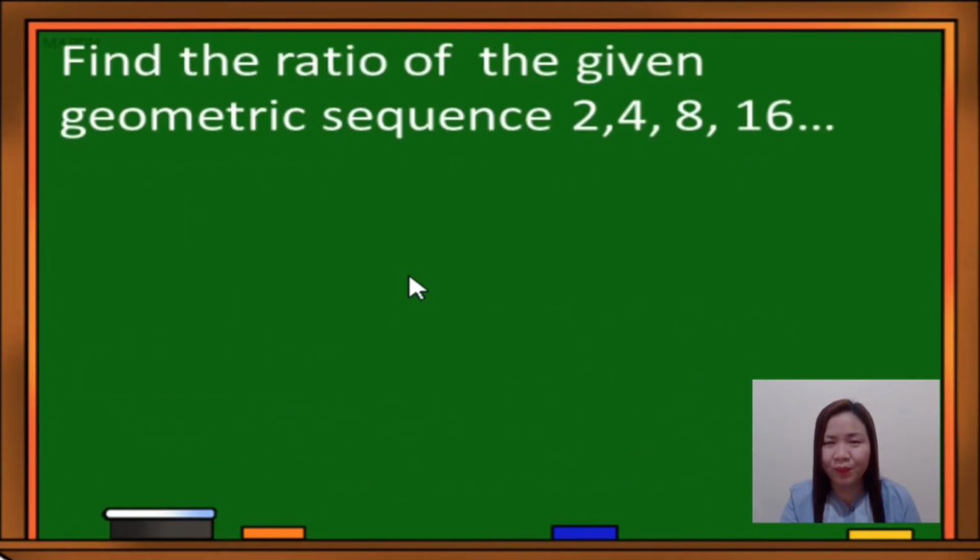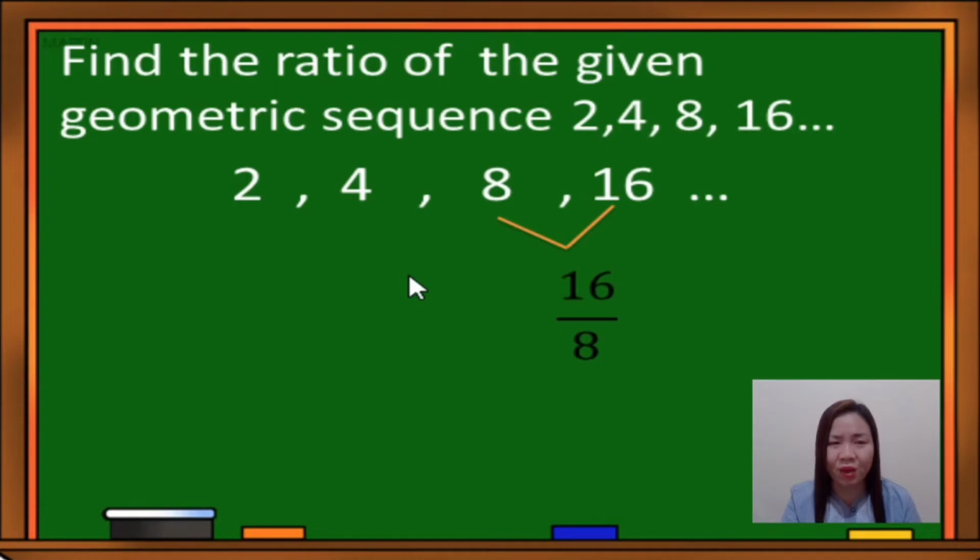Now find the ratio of the given geometric sequence 2, 4, 8, 16. We write 16 over 8, and the quotient is 2. Another, 8 divided by 4, and the quotient is 2.